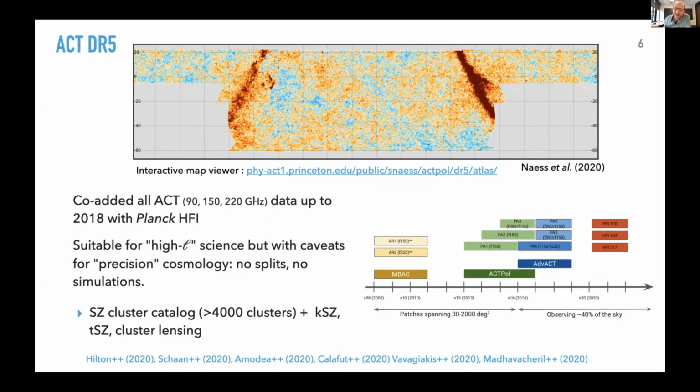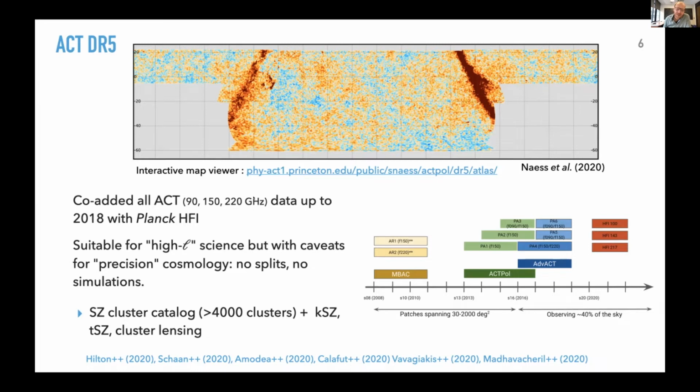It's really designed to do that. And it's less good at measuring low L data mostly because of the atmosphere. So most of the time spent in our data reduction is spent on understanding the low L part of the data. And so with this data release, we circumvent that by adding in Planck at low L.